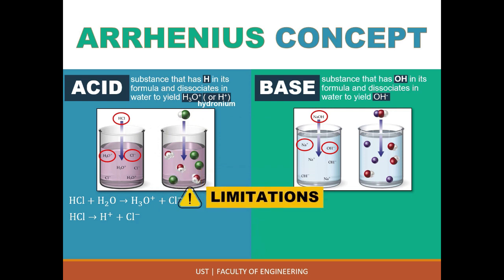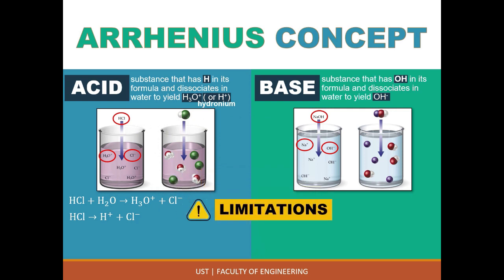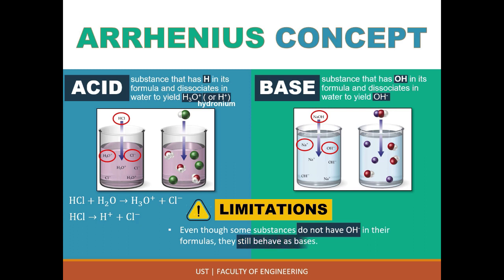However, these definitions have limitations. Even though some substances do not have OH in their formulas, they still behave as bases. And water has to be the solvent of the acid-base reactions to determine if H+ or OH- are produced in the dissolution process.